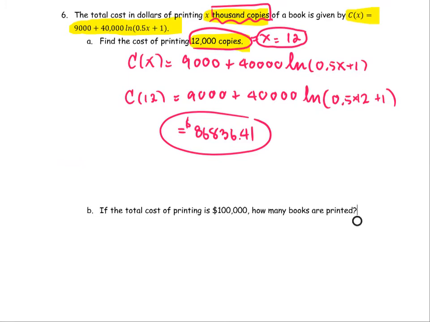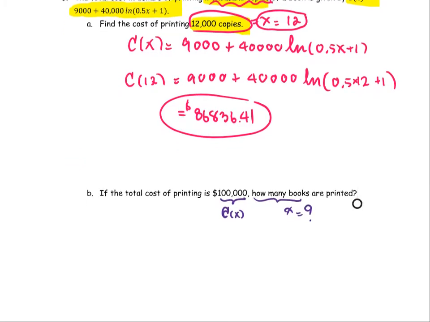The second part of this problem: if the total cost is $100,000, which is the value of C(x), we are looking for how many books, or x, where the unit is in thousands of copies, are printed.